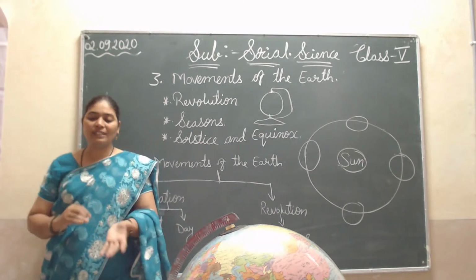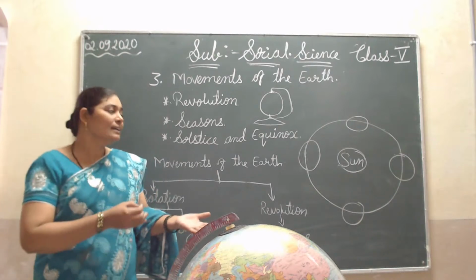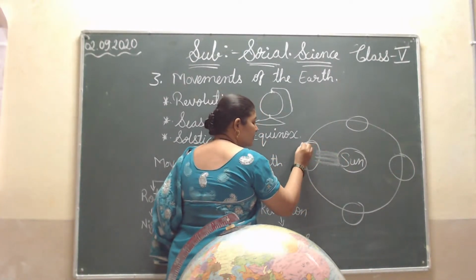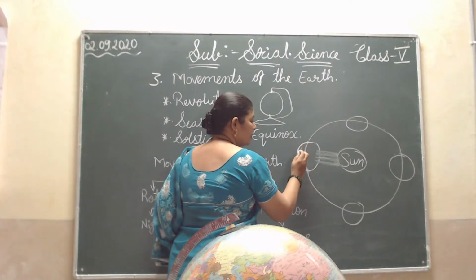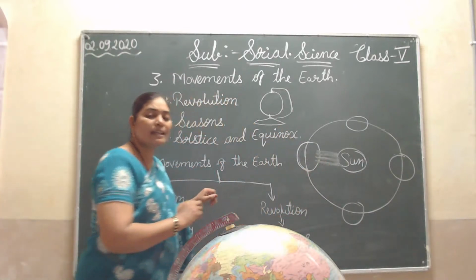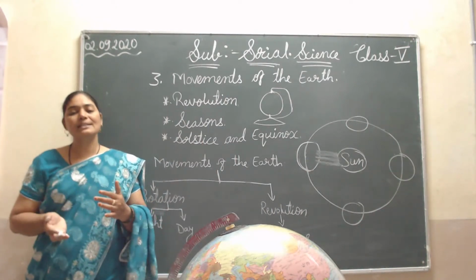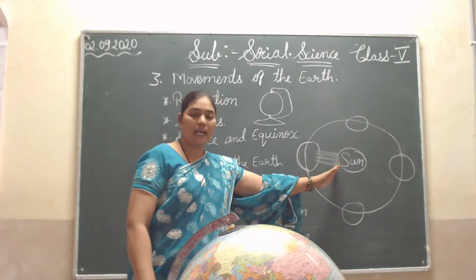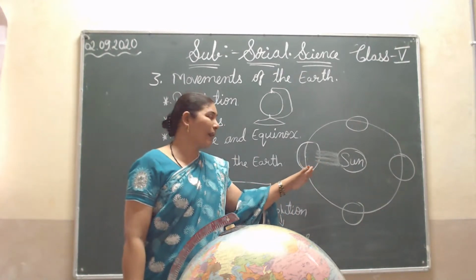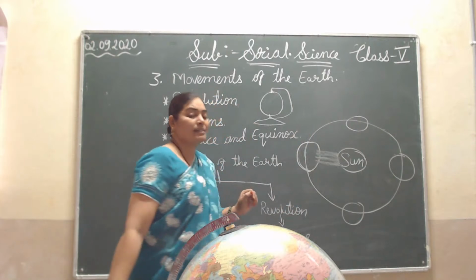The slanting of the Earth's axis causes only the part facing the sun rays to have summer. The side that is not slanting toward the sun gets fewer sun rays, so it is not as hot; that is winter. The part directly toward the sun has summer, and the places slightly away, here and here, receive winter.